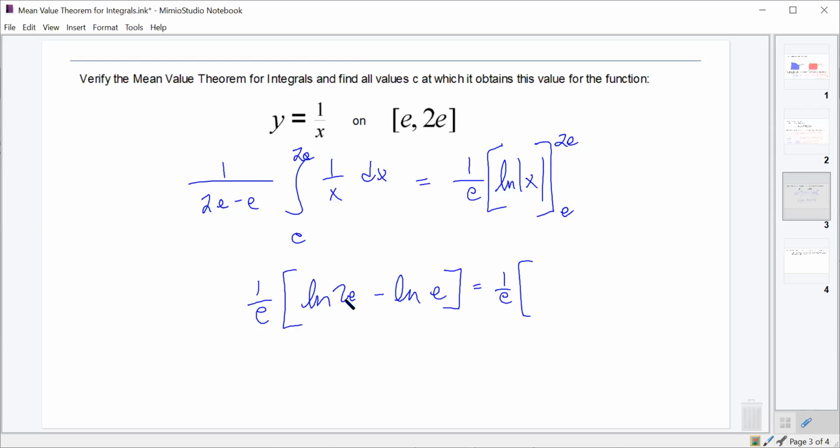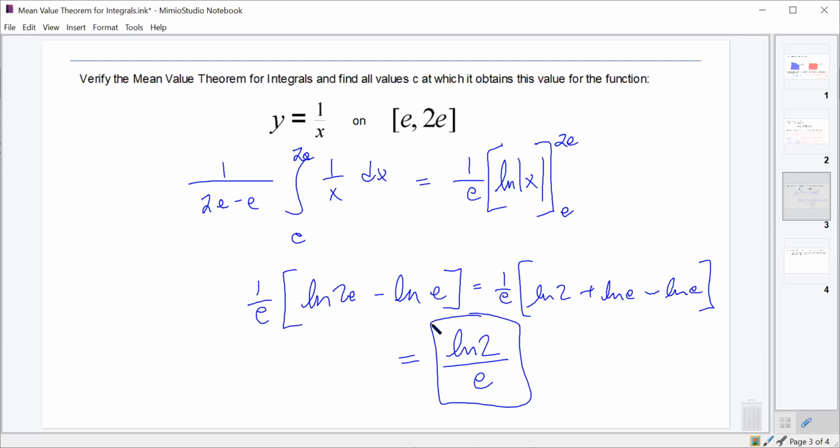Natural log of 2 times e is the natural log of 2 plus the natural log of e. And natural log of e and natural log of e, one's positive, one's negative, they'll cancel each other out. They're both 1, but they cancel each other out. So we get an average value of natural log of 2 divided by e.